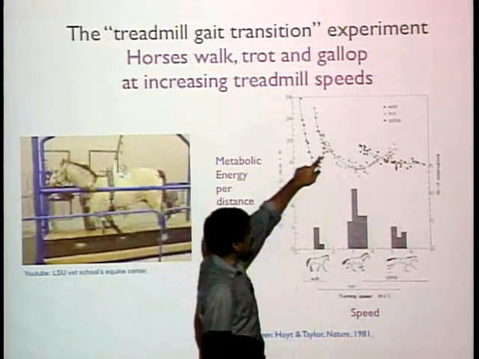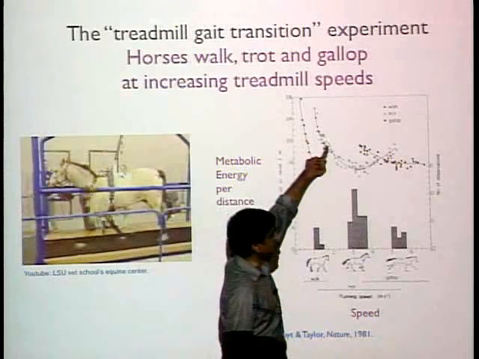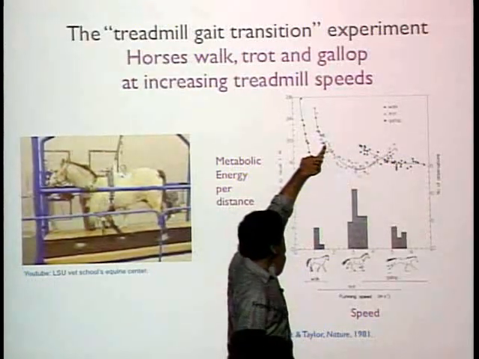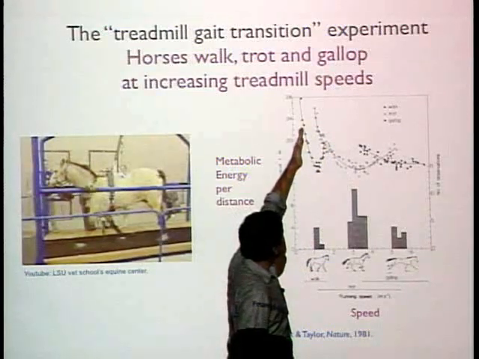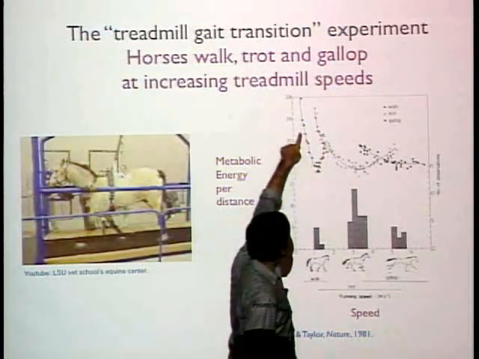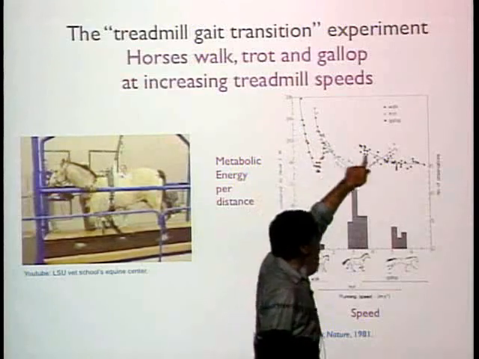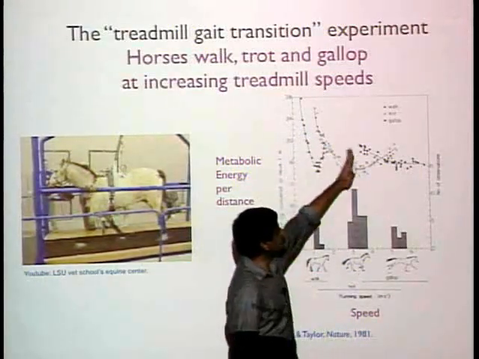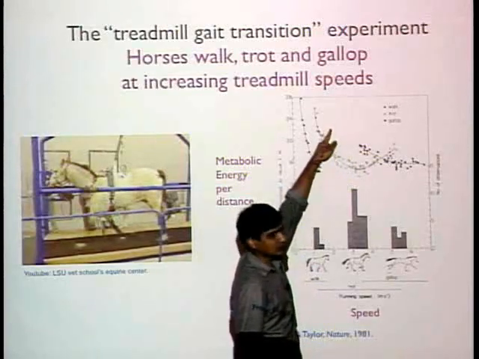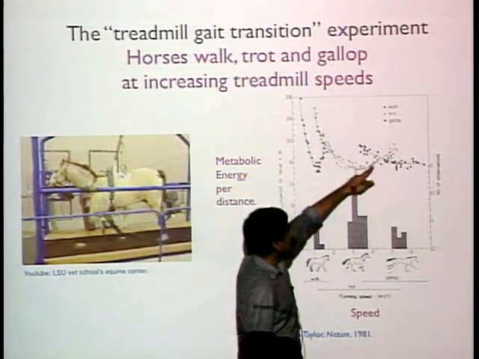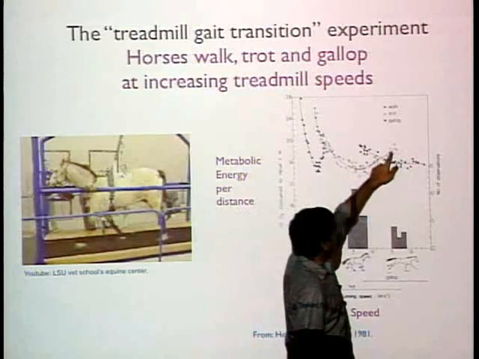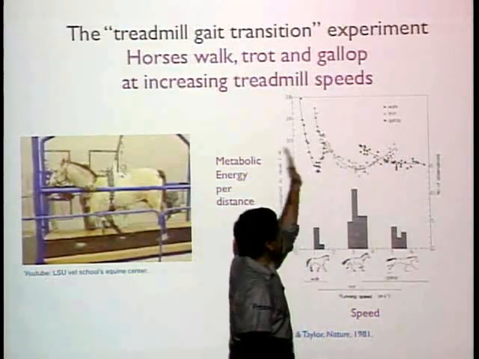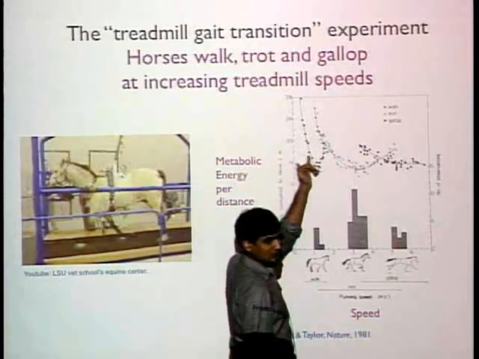And you notice, first of all, about these curves is that they cross somewhere, and they cross here, which means that this is the walking cost, this is the trotting cost, this is the galloping cost, and this crossing means that beyond this speed, walking is more expensive than trotting, and beyond this speed, trotting is more expensive than galloping, and below this speed, walking is less expensive than trotting.